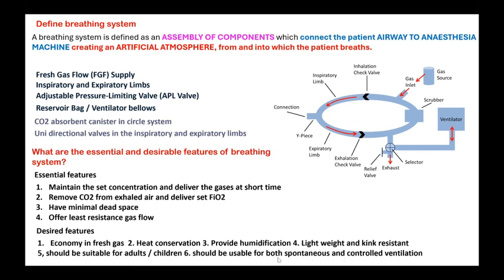Can you give me an example? The same circuit which can be used for both spontaneous or controlled ventilation. What is the example? What is the modification of the Mapleson D circuit? It's ISTPs?